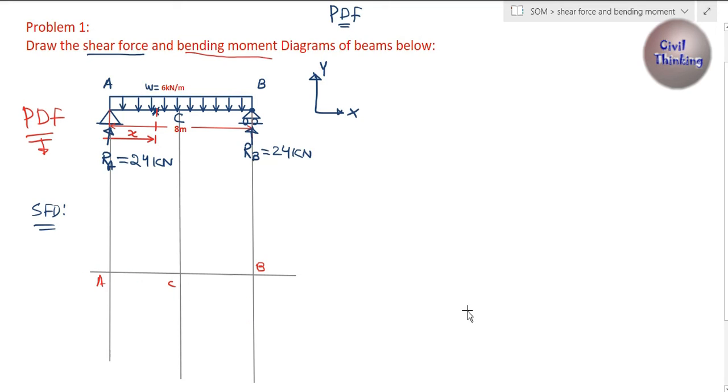Now let's begin drawing the bending moment diagram for this beam. BMD means bending moment diagram.